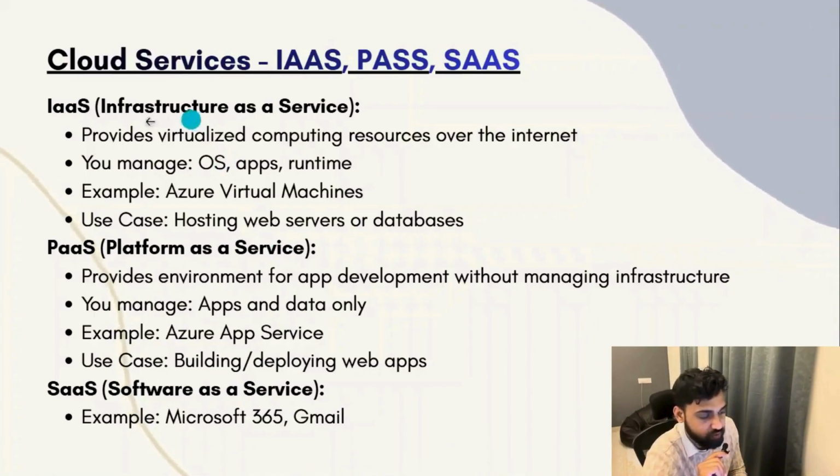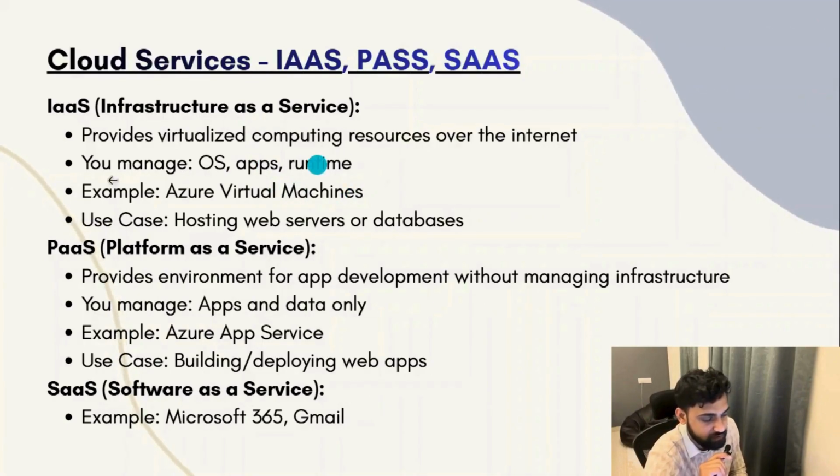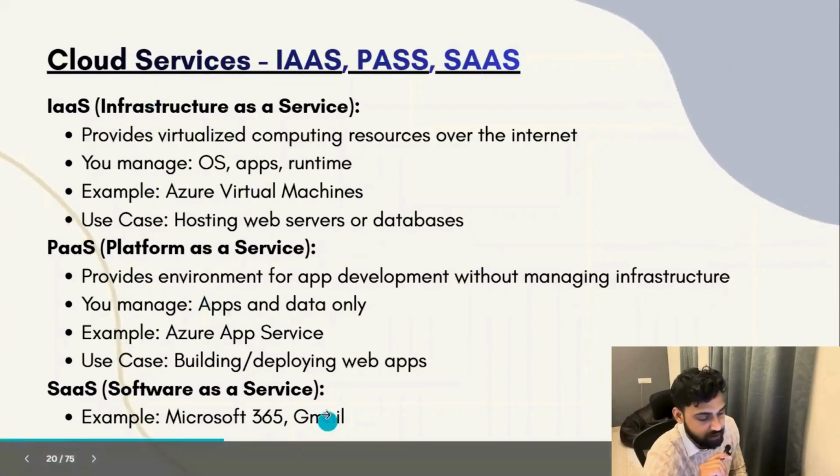But when you go to infrastructure as a service, you also have to configure the infrastructure, like the operating system, runtime, and whatever virtual machine you want to create or other things. So there you have to maintain the infrastructure. So basically these are the main three services.